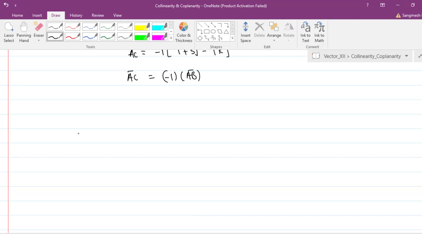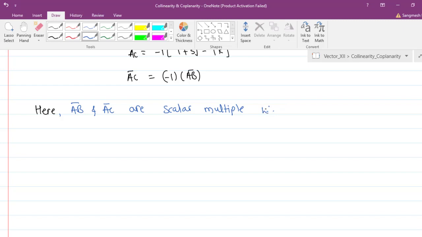For that purpose, we can say that AB bar and AC bar are scalar multiples, with the scalar quantity equal to minus 1. Therefore AB bar and AC bar are collinear.